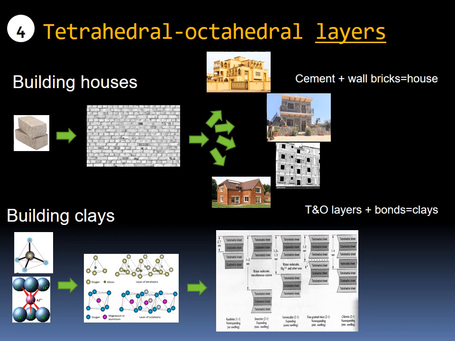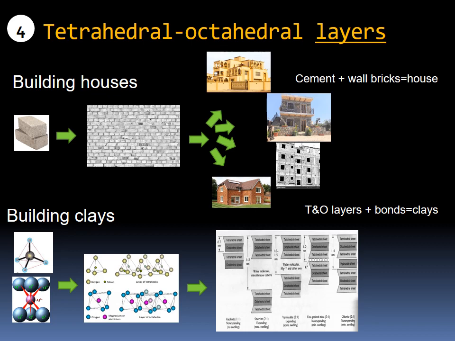But then when you put these sheets together, either as TO 1-to-1 and then another TO and TO, or by putting a T sheet, then O, then T, TOT, TOT, you are forming different types of clay. Exactly like what you see in the picture. We have different names and different arrangements and structures.